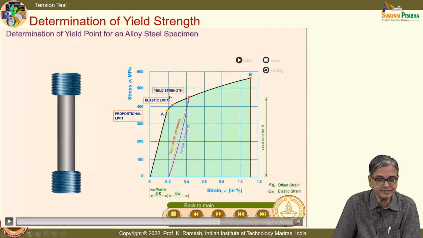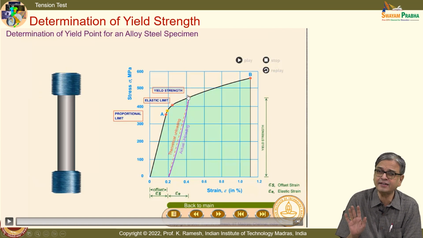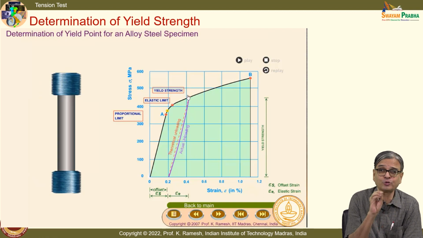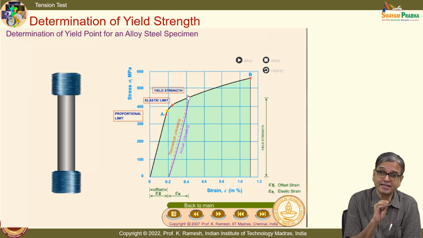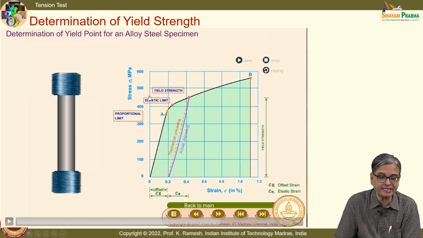You take this as the yield strength. Is the idea clear? I have also mentioned 0.2% is very important. 0.2% means it is 2000 microstrain. You should know it can be expressed in terms of microstrain, in terms of percentage, or just as a number. And at 0.2% strain the material yields.